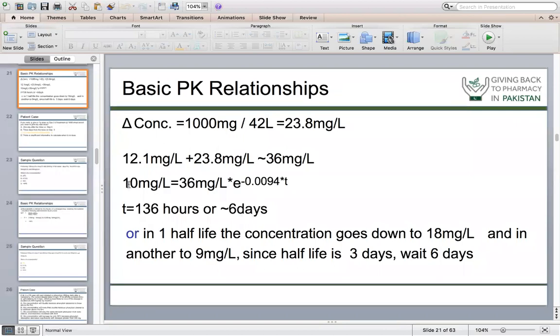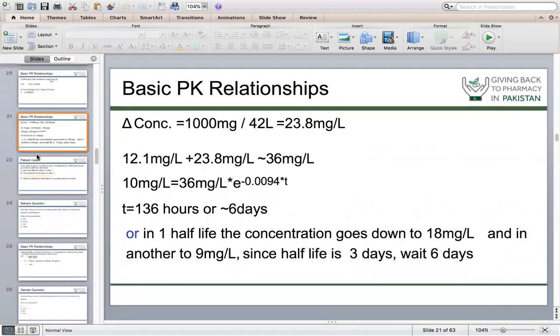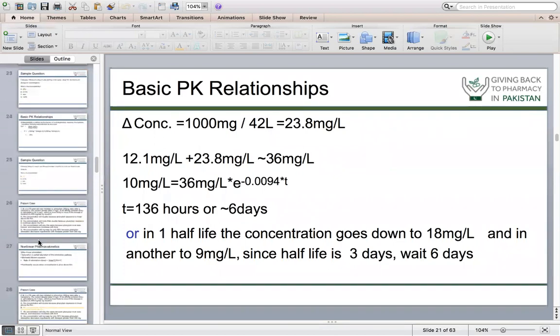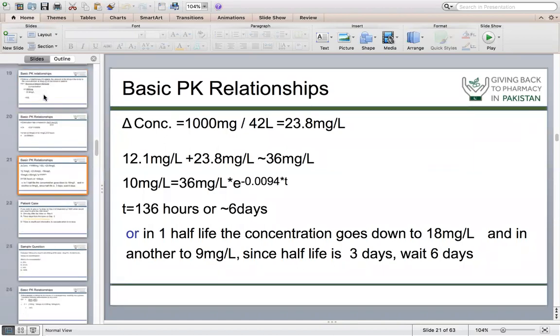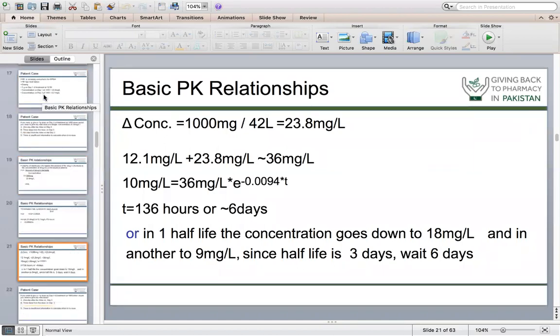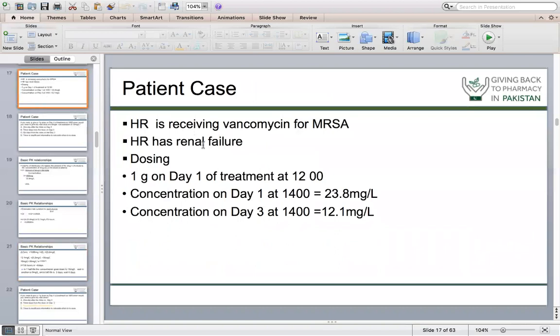It's pretty simple. I'll just go back to the question. If you get this sort of question in the exam, you just have to pay attention first to certain values given in the question.